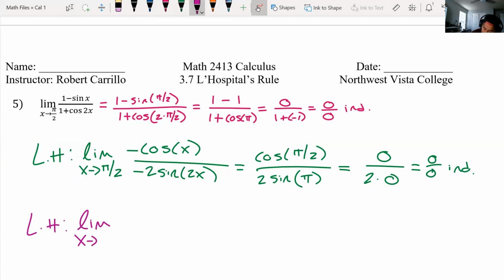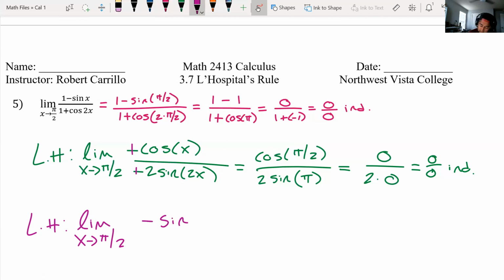Limit as x approaches pi over 2. And what is the derivative of cosine? Negative sine x.